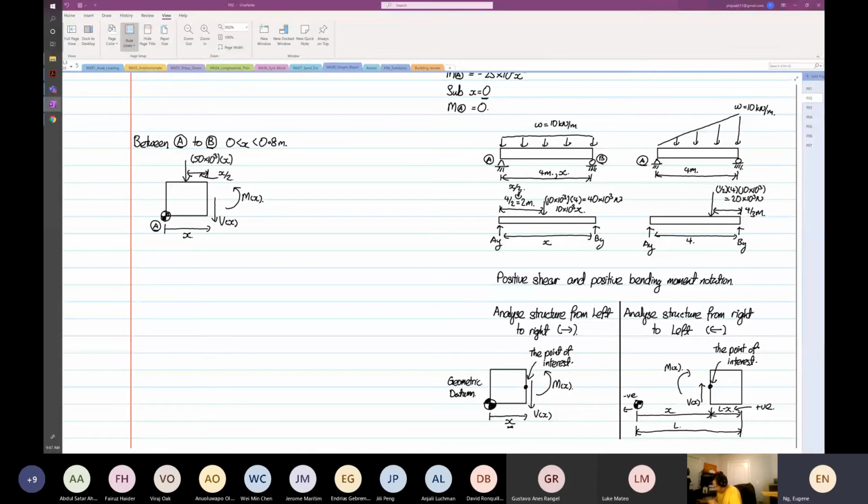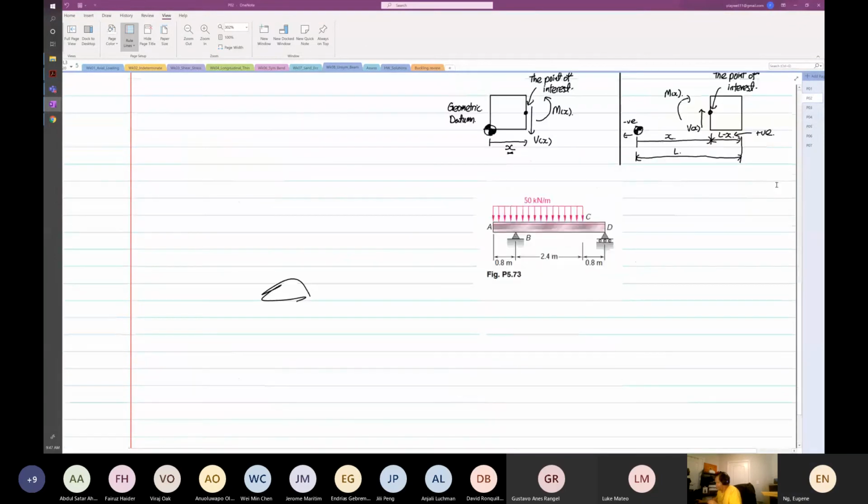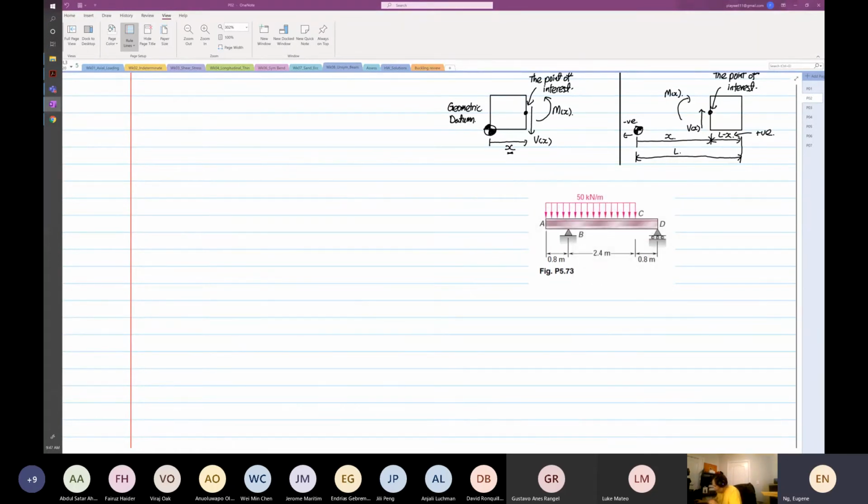Now I think it will make a very good explanation for you guys. So if you see the structure that I've pasted down here, why is the geometric datum, we're always very curious, Eugene, why does the geometric datum never move?